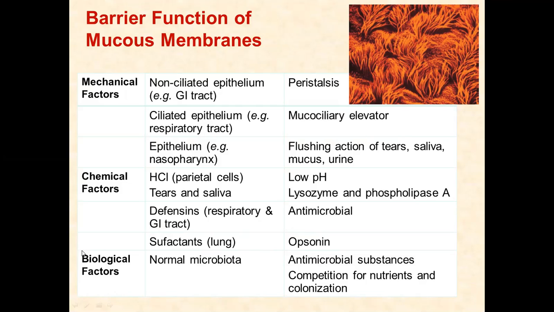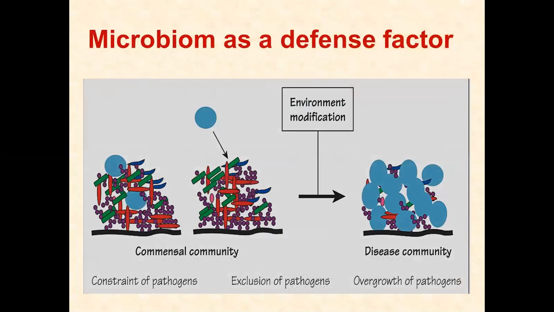And a very important biological factor in mucosa is normal microbiota, which produce some antimicrobial substances like bacteriocins and peroxides, and it competes for nutrients and colonization with pathogenic bacteria. And here you see the action of microbiome as a defense factor.